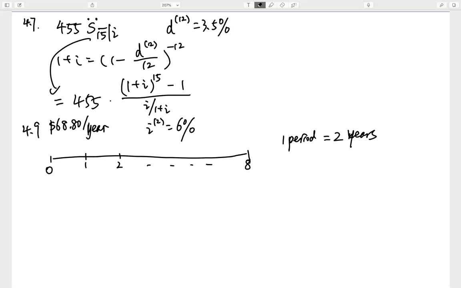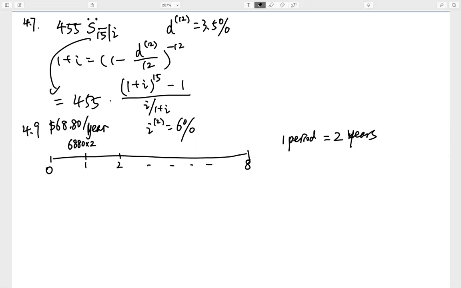We have a total of 16 years. That gives you 8 periods. One period has 2 years. Then we need to know the payment of each period. It would be 6,880 times 2, because one unit has 2 years, and 6,880 is the payment rate per year. Here I want 2 years, so I double.